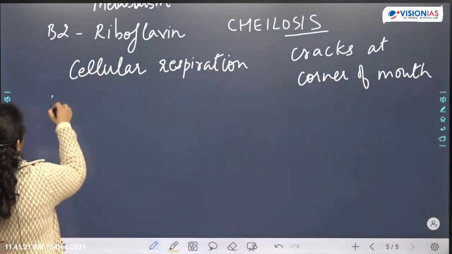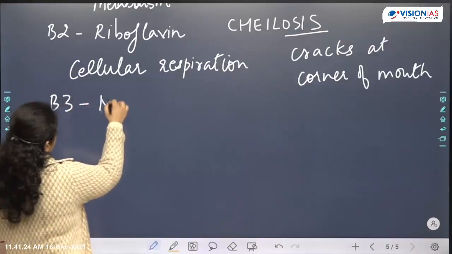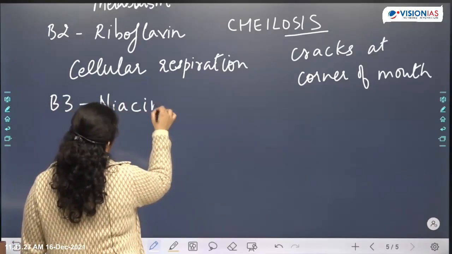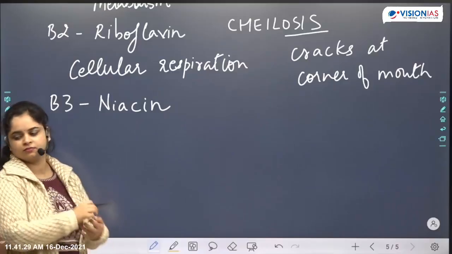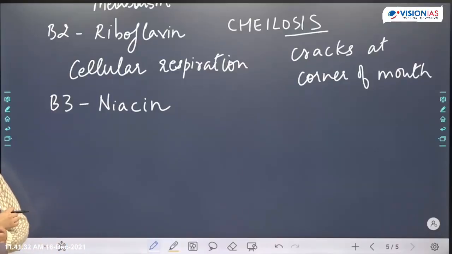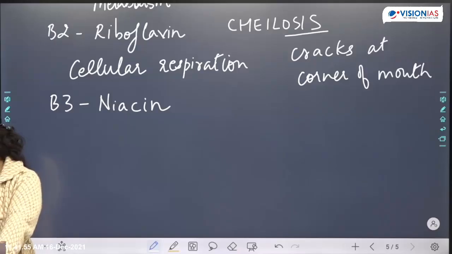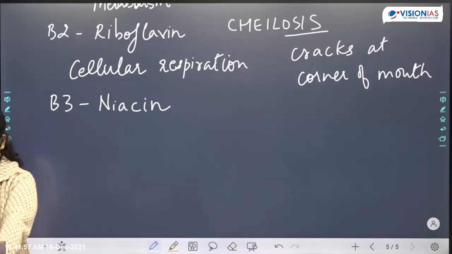Then B3, niacin. Vitamin B3, niacin. Sources are cereal, eggs, meat.